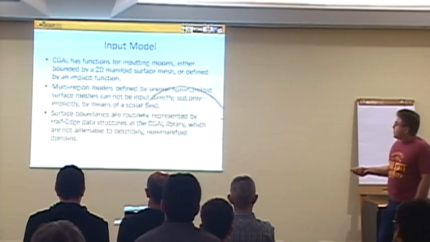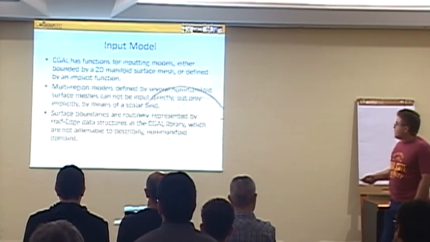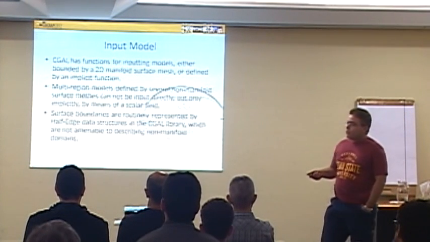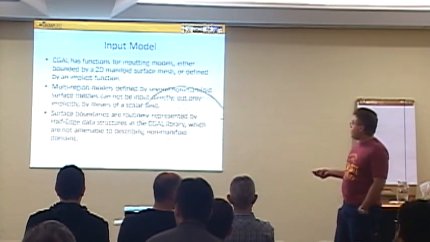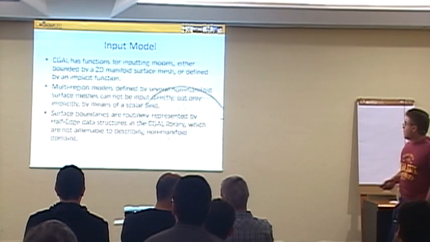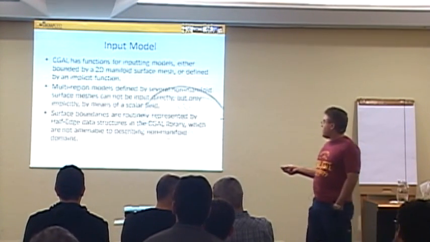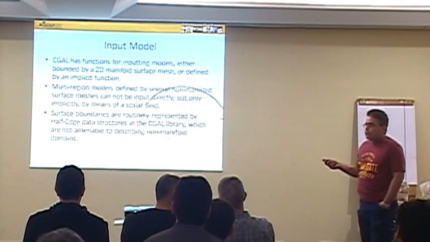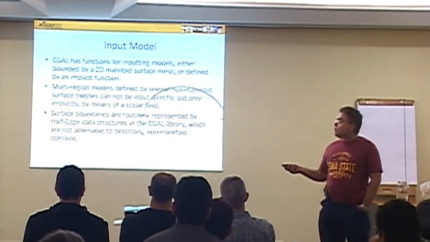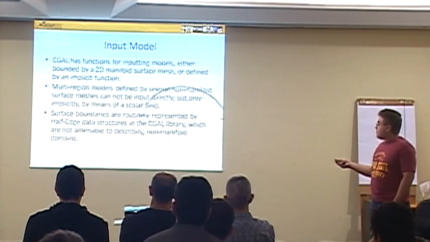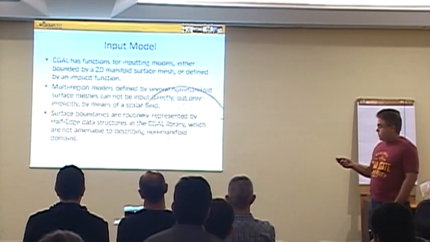The main reason for this is that surface boundaries are represented internally in CGAL by means of a half-edge data structure. This data structure is not adequate to describe non-manifold domains, just the kind of domain we are mainly interested in.